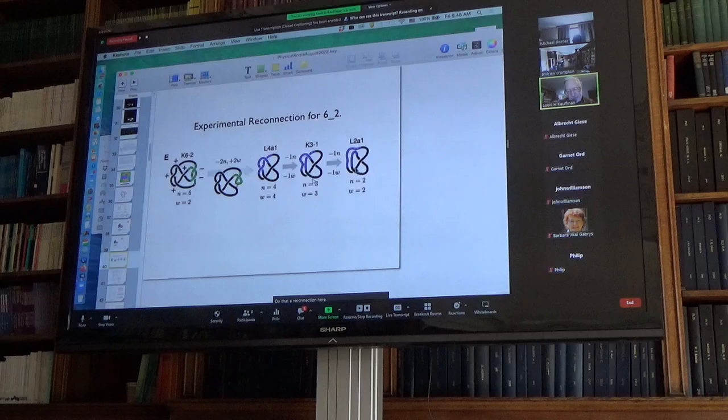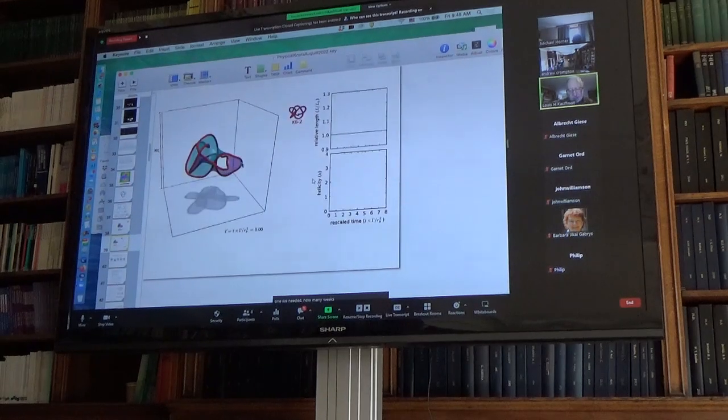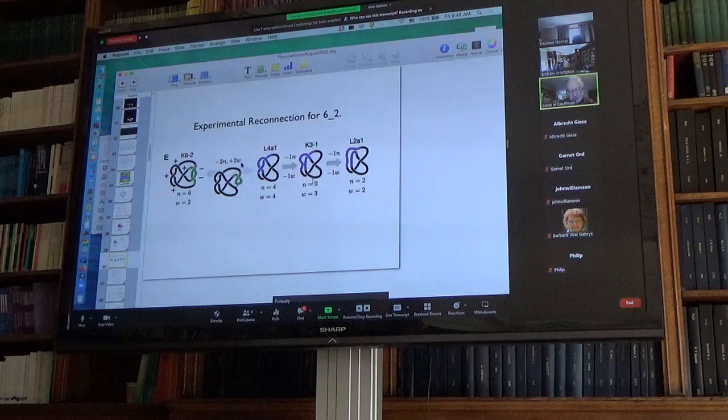And then the trefoil knot can turn into a Hopf link and the Hopf link can turn into an unknot. And apparently we needed quite a number of reconnections. How many reconnections did we have there? Well, no matter.